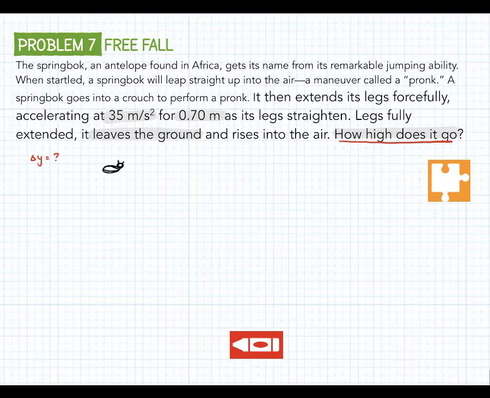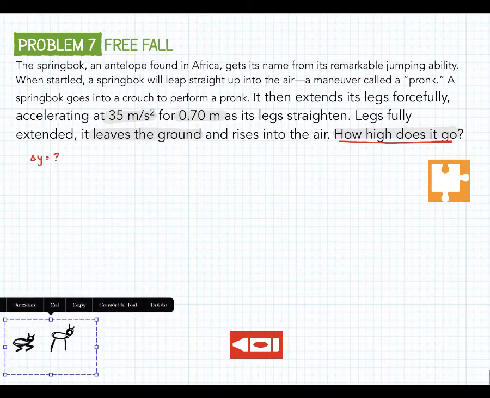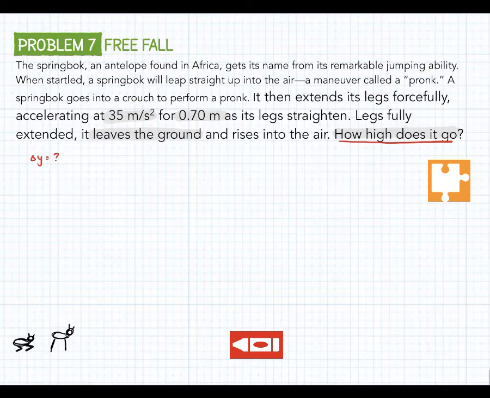It's going to start crouched down, and then it's going to end like this. This is the first part. Actually, let me draw that better. Okay, and actually let's move this over. So it starts down here. And then once it does that, it's going to rise into the air.